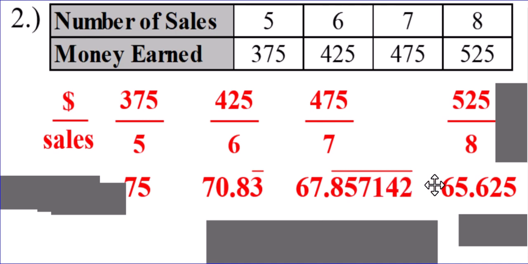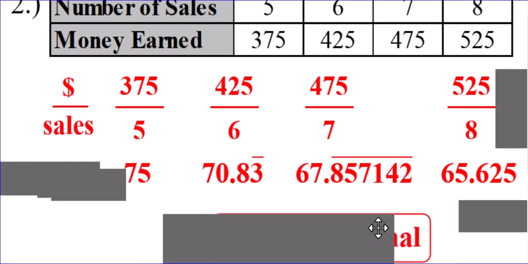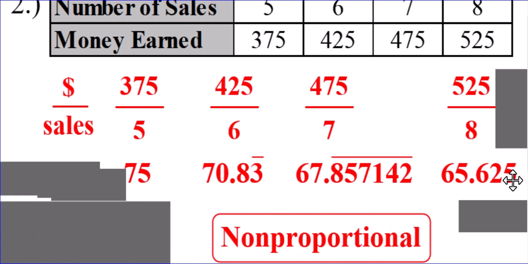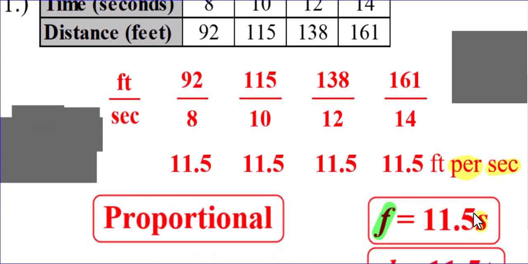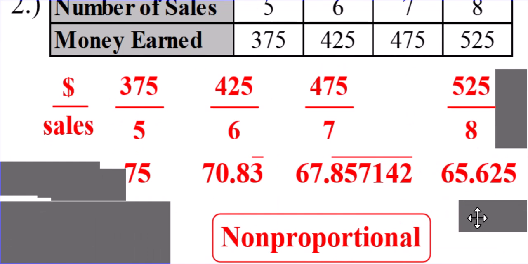You don't have to. The point is to show the work, to figure out if it's proportional or non-proportional. Since the ratios are different, this is a non-proportional relationship. And unlike number 1, where we were able to write an equation, problem number 2, we cannot write that simple y equals kx type of equation for a non-proportional relationship.